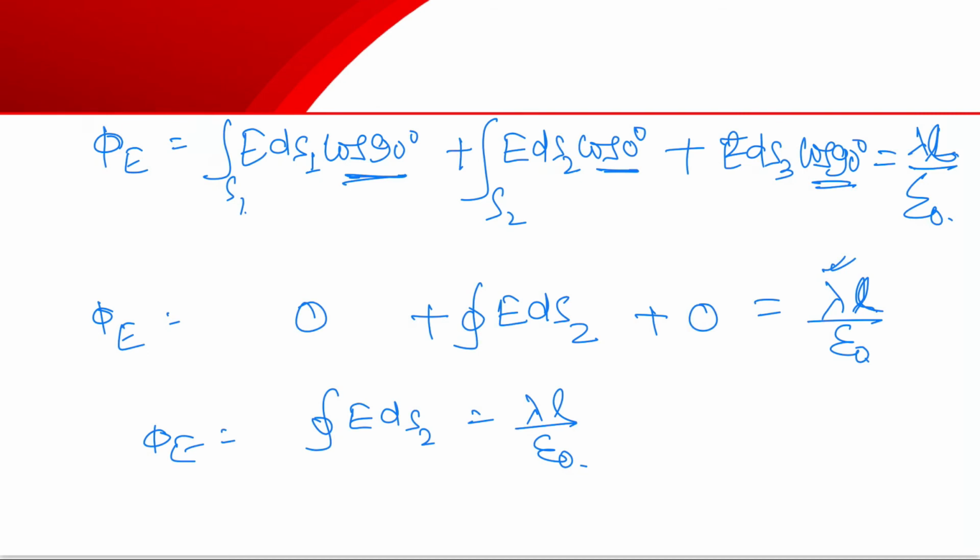If we take E outside the integration sign, then the integration of ds2 is the lateral surface area, and the lateral surface area of a cylinder is 2 pi r L. So E times 2 pi r L equals lambda L upon epsilon naught.